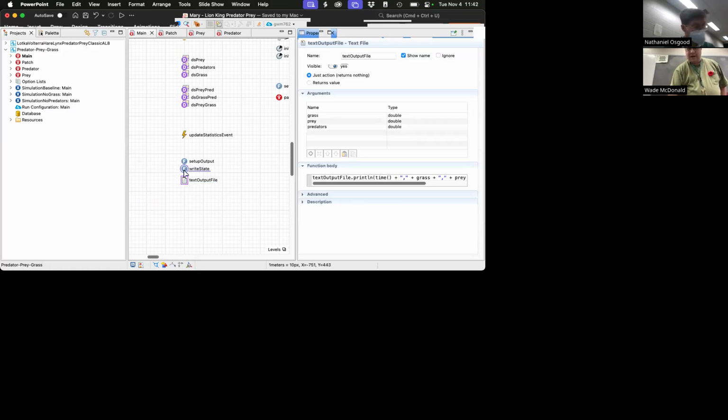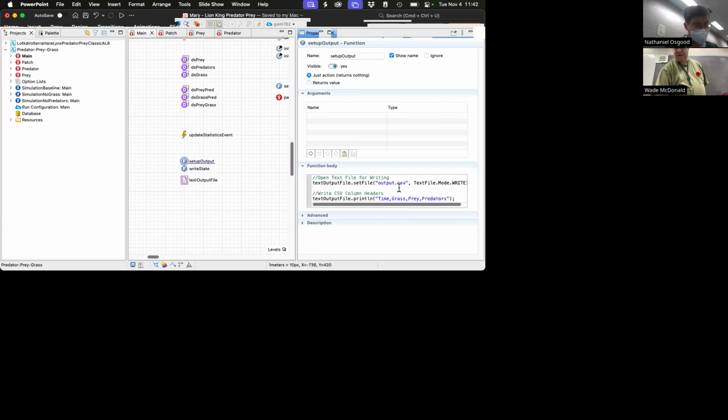And then we have a function called write state, which will write the amount of grass, prey, and predators out to that text file for analysis in another environment. The setup output simply initializes the file and writes in the headers for the columns.